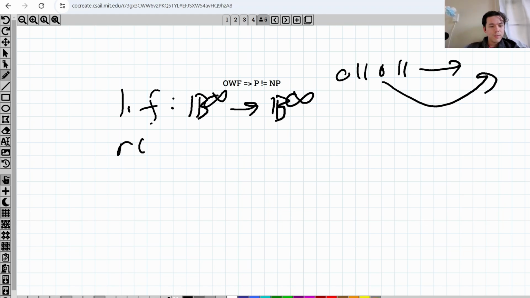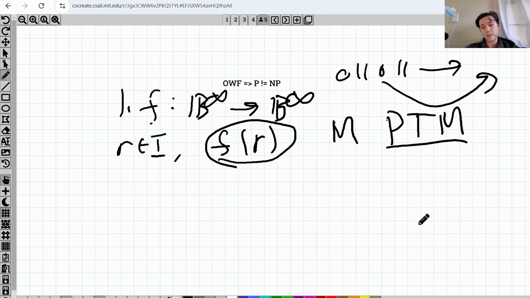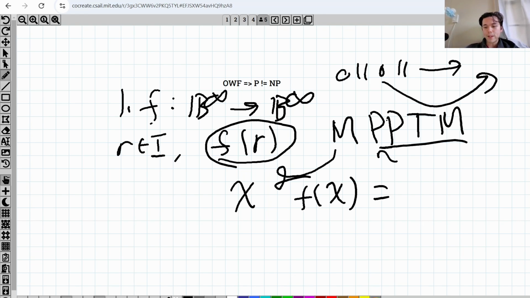So I give it some random input from a sufficiently random distribution, and I tell someone f(r), then if that person, say that person is a polynomial time Turing machine, so a computer that runs efficiently, that also has access to randomness, so it can also flip coins, so we'll put another P for probabilistic polynomial time Turing machine, then M cannot guess or find inputs x reliably such that f(x) equals f(r).